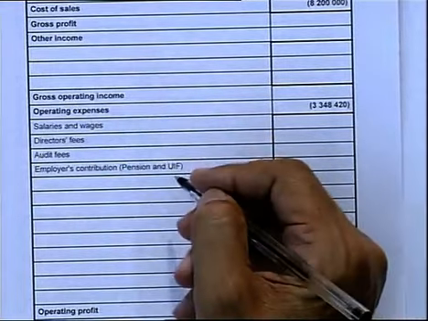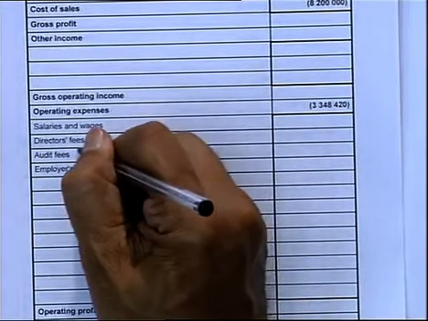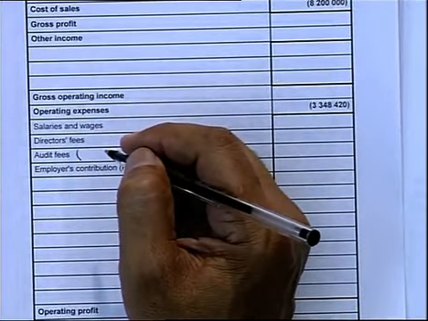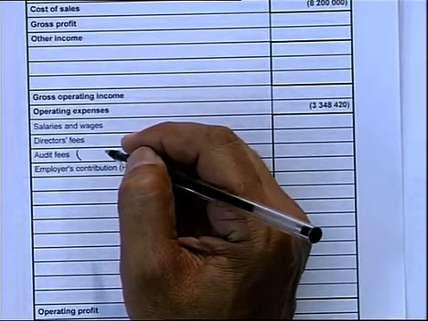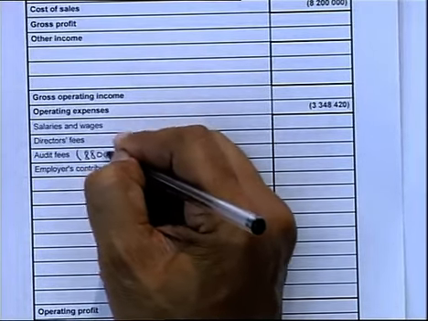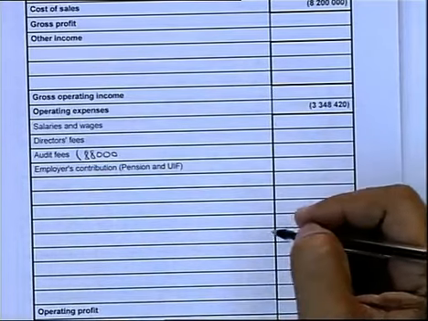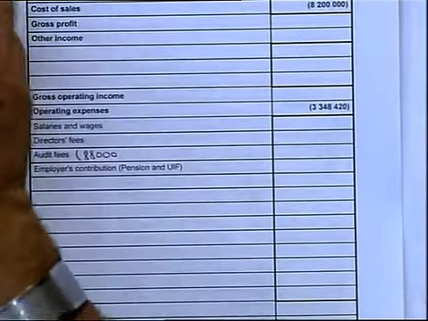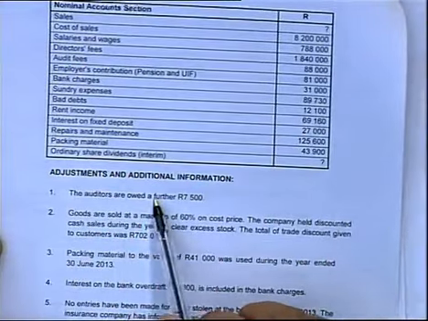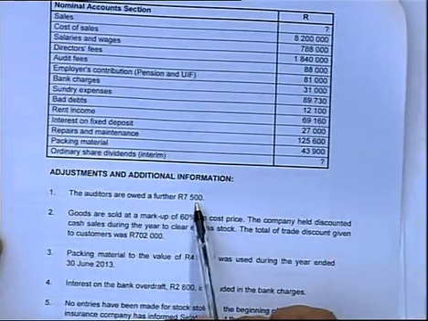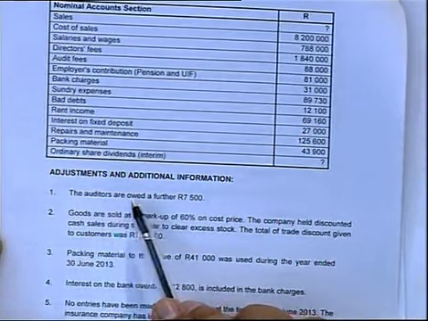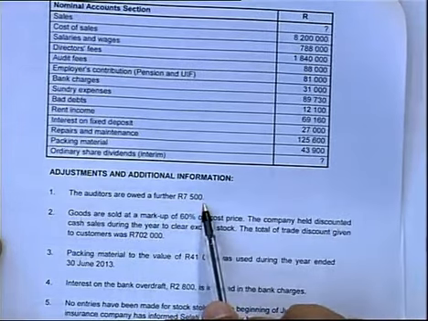So the audit fees item, the figure we have to take straight from the trial balance, which for audit fees is an amount of 88,000. But the adjustment says that the auditors are owed a further 7,500.